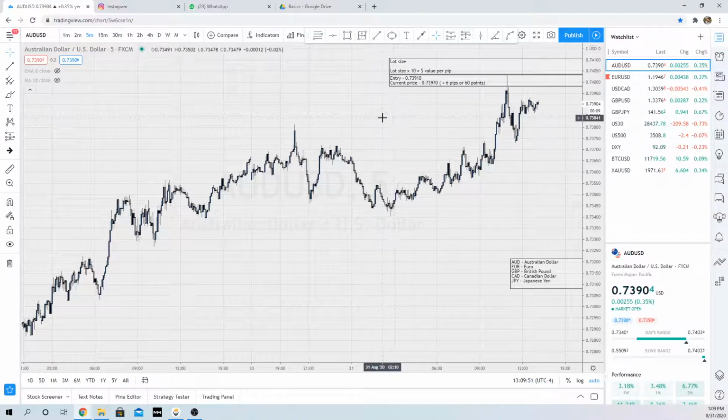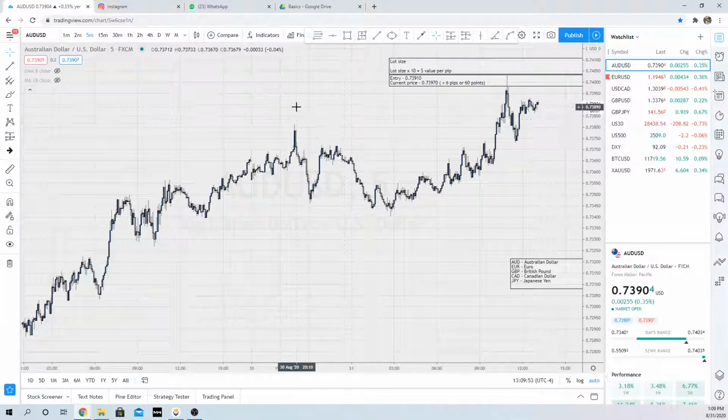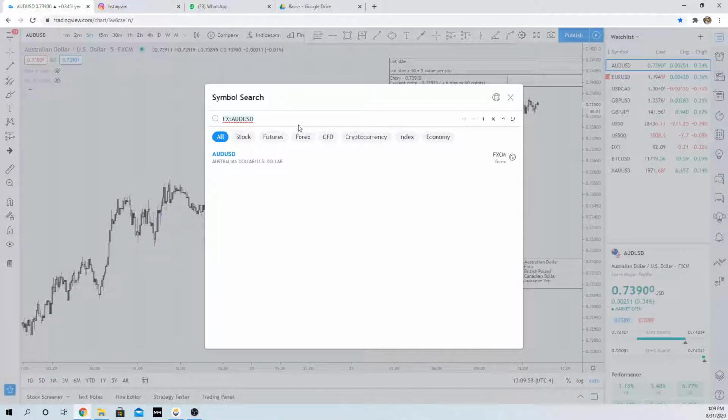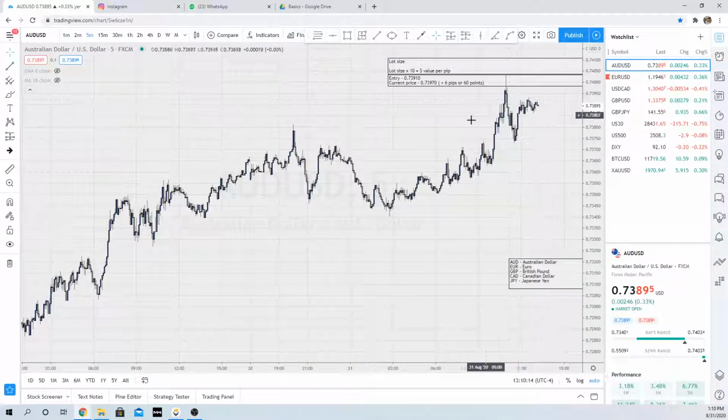So the way pairs work is you trade them, like it says, in pairs. So there's a base pair and a quoted pair. Every currency pair is 6 letters, right? The first 3 letters refer to the base currency, and the second 3 letters refer to the quoted currency. Now, what this means is that $1 Australian is the equivalent to 73 cents in American dollars.